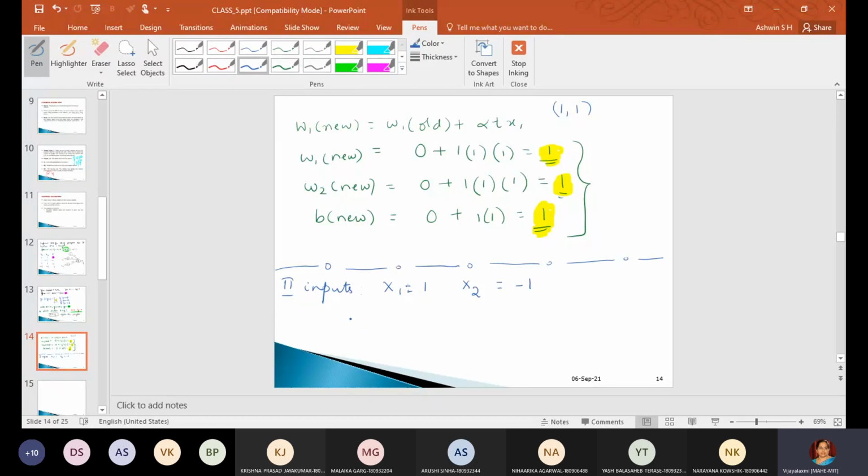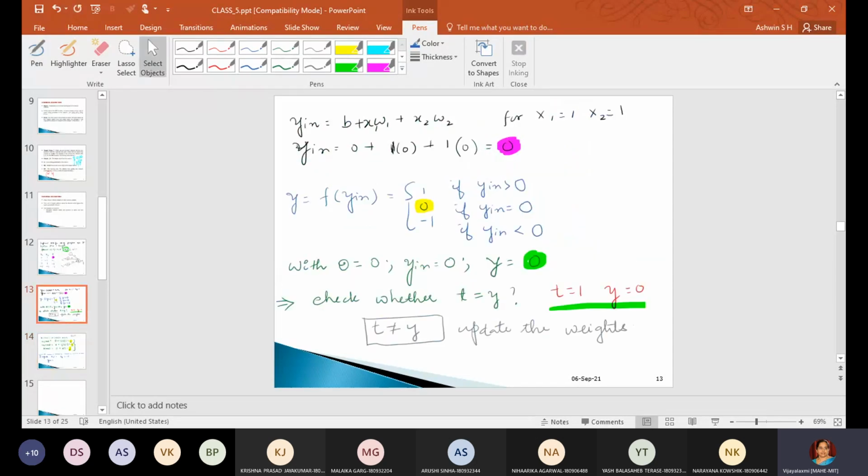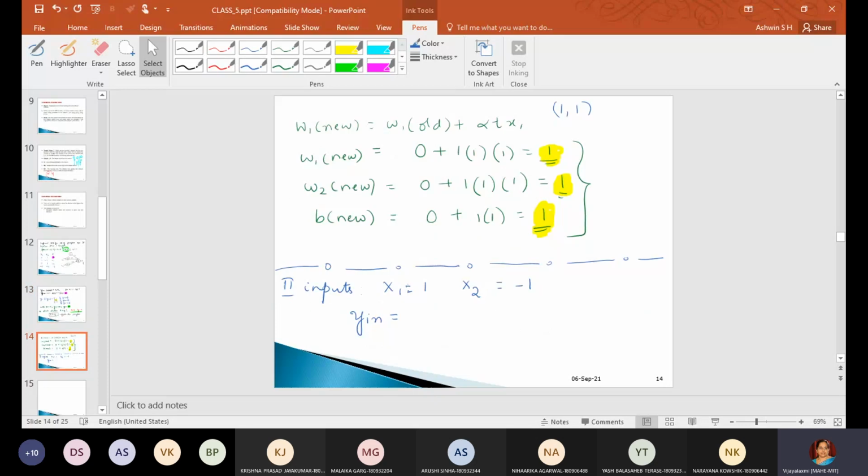So what is the first step? First step is you calculate y in. Y in is equal to, again you know the expression, b plus x1 w1 plus x2 w2. So b is whatever the previous value, 1, plus x1 is 1, w1 is 1, plus x2 is minus 1 times w2, where w2 is the previous value.